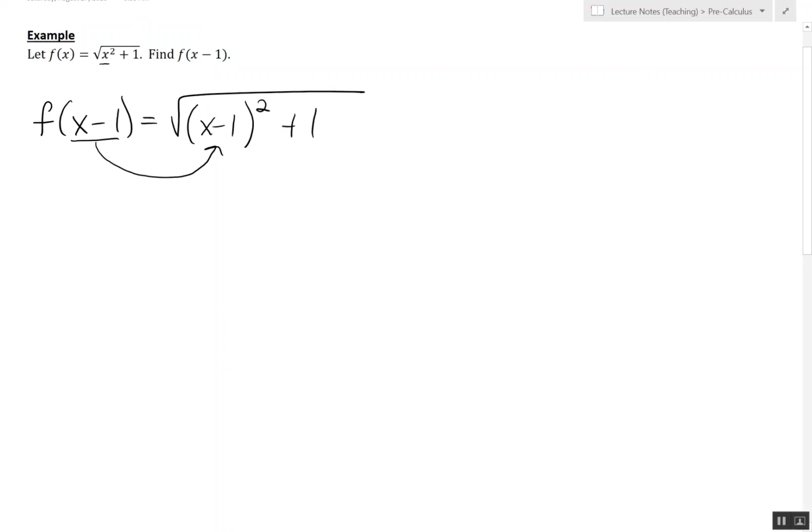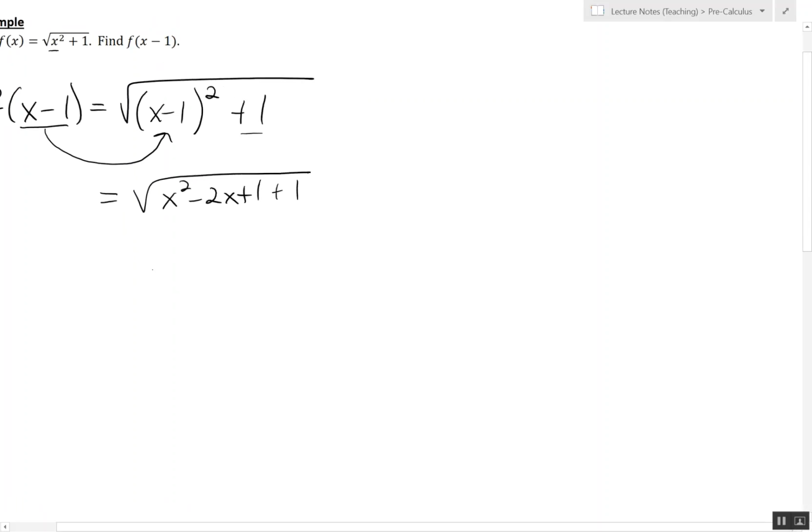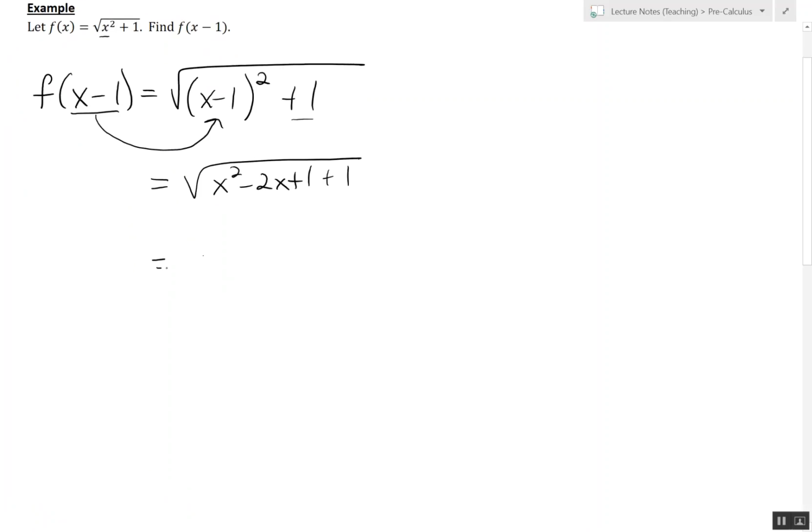This is going to be equal to, well, let's multiply this out. This will be x squared minus 2x plus 1, and then this plus 1 is an additional plus 1 here, and this is rewritten as the square root of x squared minus 2x plus 2.